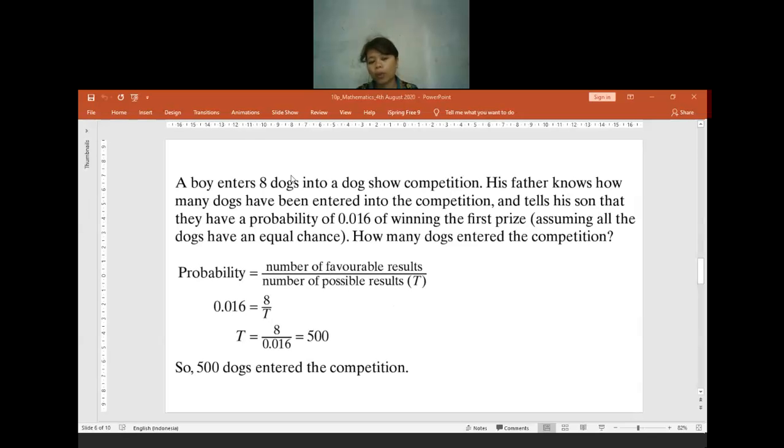So 0.016 and the total t exchange places. The total t equals 8 divided by 0.016, which is equal to 500. So it means there are 500 dogs in total in the competition.